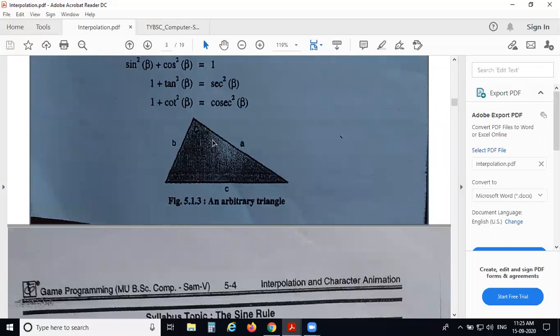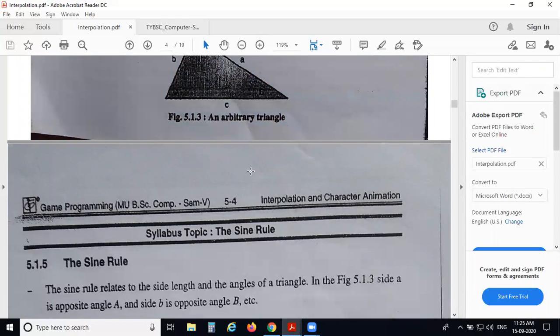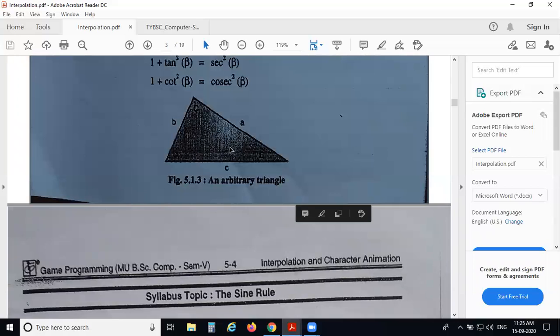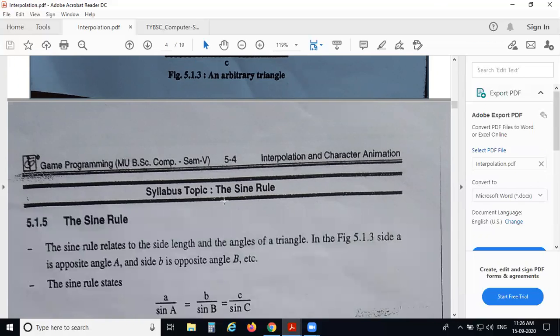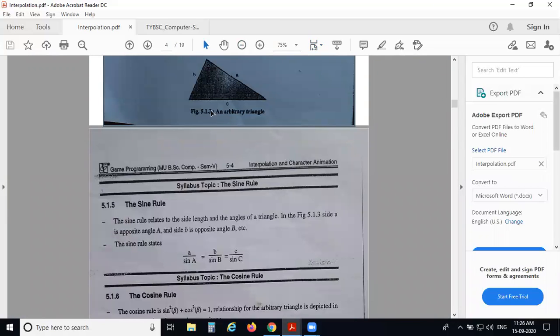Suppose this is the diagram here, then the sides of the triangle are A, B and C. These are the three sides, and the angles of the triangle: the angle between A and C is angle B, the angle between B and A is C, and the angle between B and C is A. So these are the angles A, B and C, and the sides are A, B, C. Then the sine rule is A divided by sine A. Here sine of angle A is present.